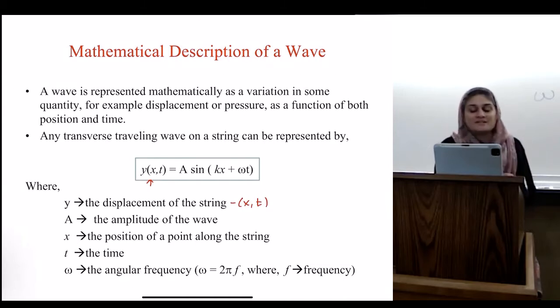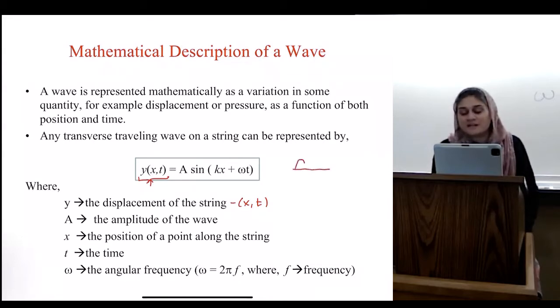So the left-hand side of this equation is saying that the displacement of the string, which basically means how far the string is away from the equilibrium point, is given as a function of x and time.